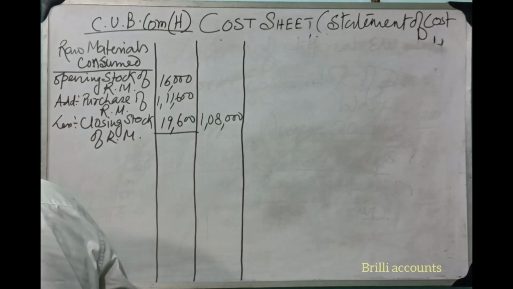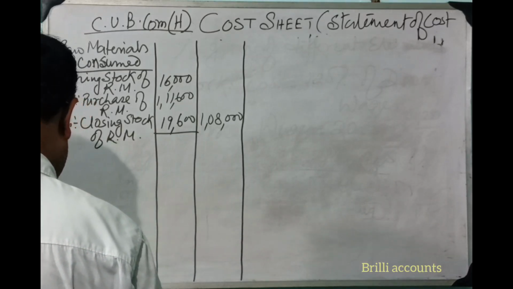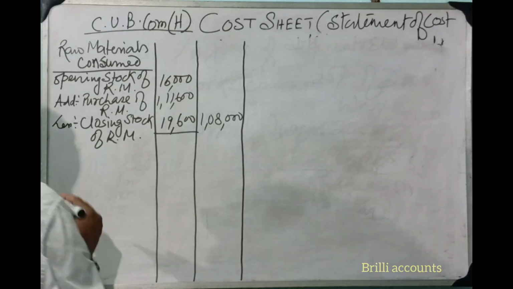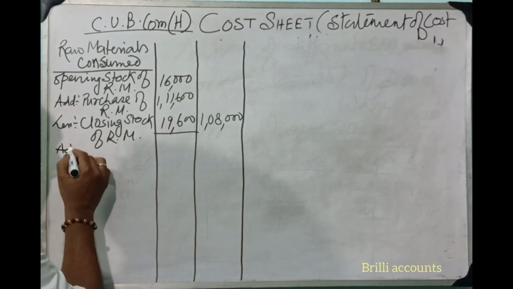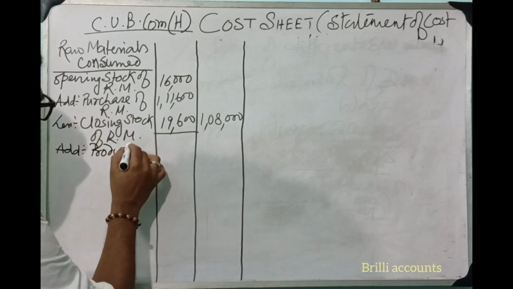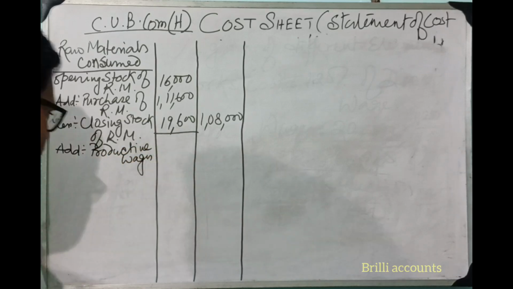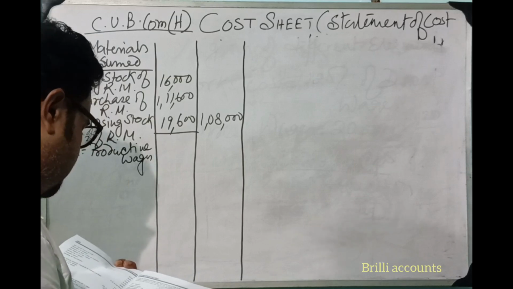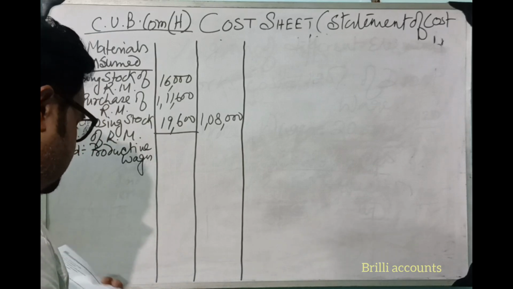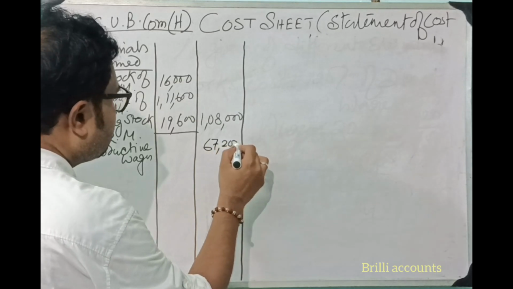After that, what will we write? Given in the sum, add productive wages, and the value is given. Productive wages is 67,200.